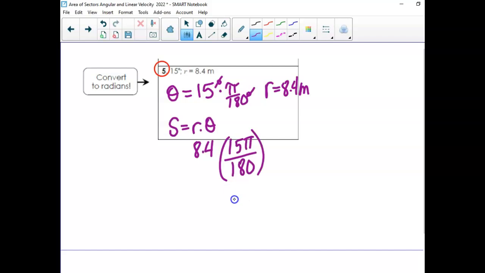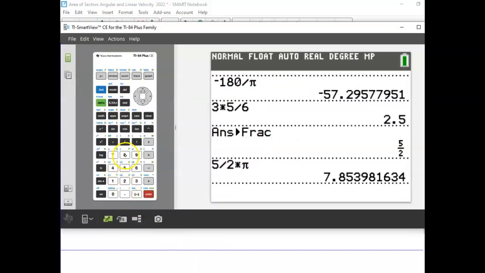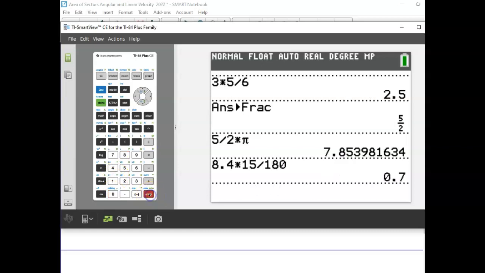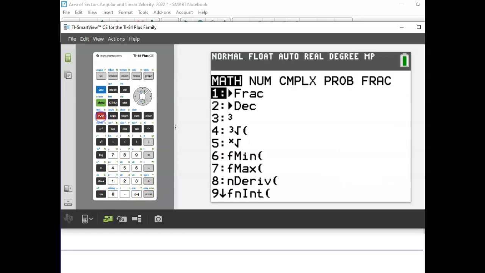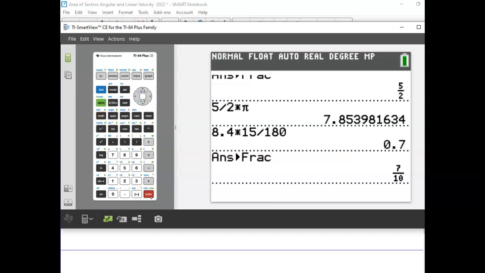Now I'm going to type in my calculator. The first time I'm not going to type the pi in. I don't know if this is going to come out nice at all. 8.4 times 15 over 180, is that correct? Oh, it did. Math, enter, enter is 7 tenths.